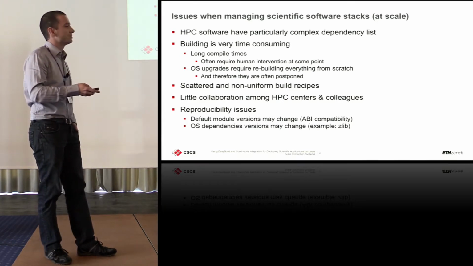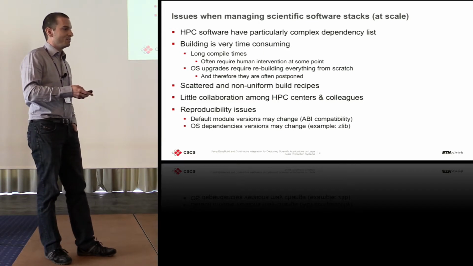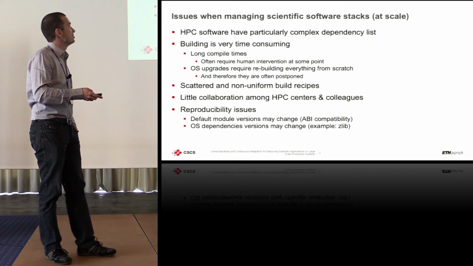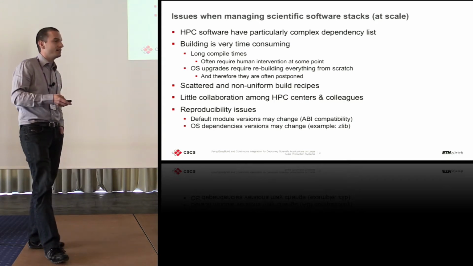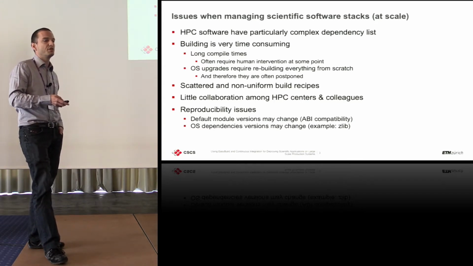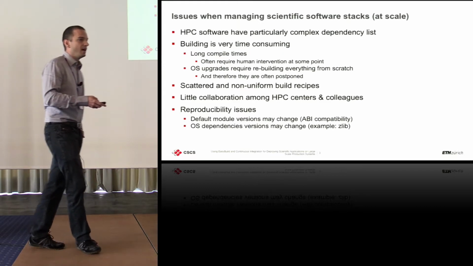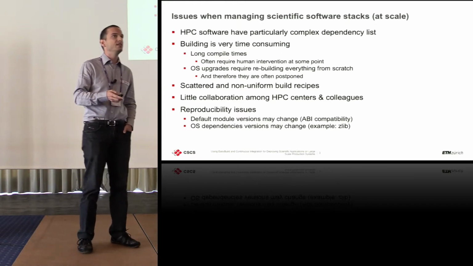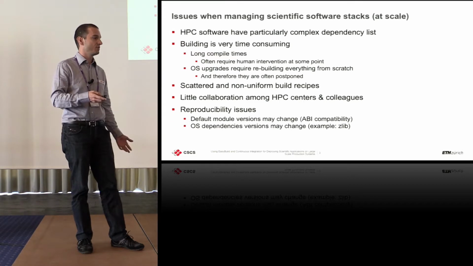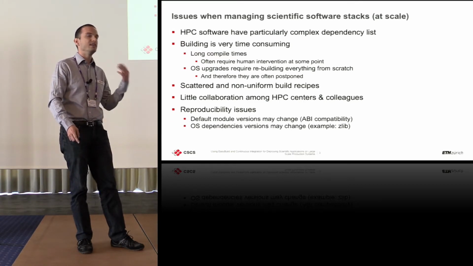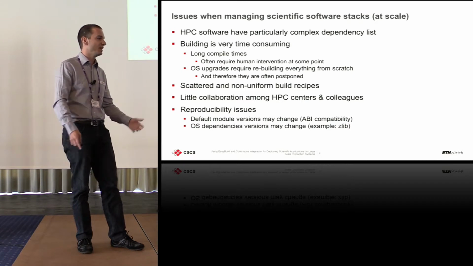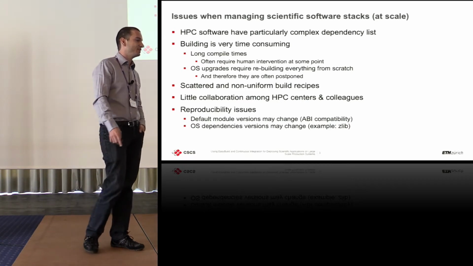So the main issues when installing and managing a scientific software stack at scale are that the scientific software has many dependencies, they need specific versions of the dependencies, and they need several compilers. I think Massimiliano was very clear at this point.